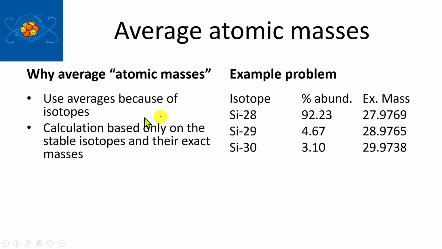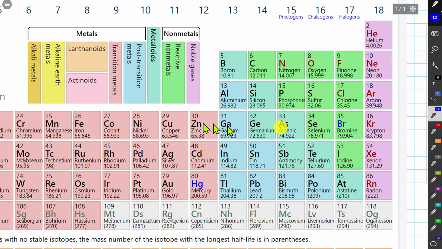And so what we do when we calculate the average atomic mass that you see on the periodic table, like this guy, all these masses, those are just the averages of all the stable isotopes. If you notice down here on bismuth, right after bismuth, you start seeing a lot of them in parentheses. 83, atomic number 83, is the last element that has stable isotopes.